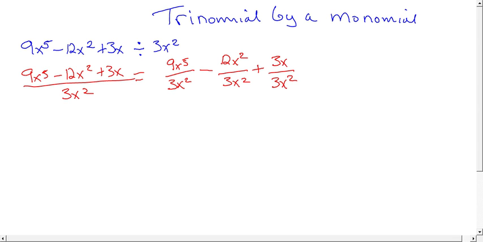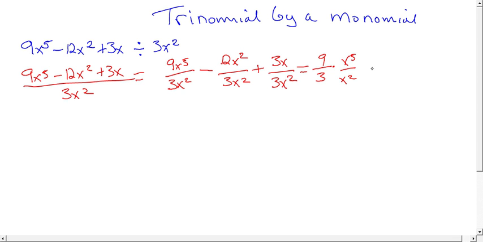Okay, now also we said that you want to make sure that you actually look at the coefficients as well as each variable. So let's start here. Let's back up.